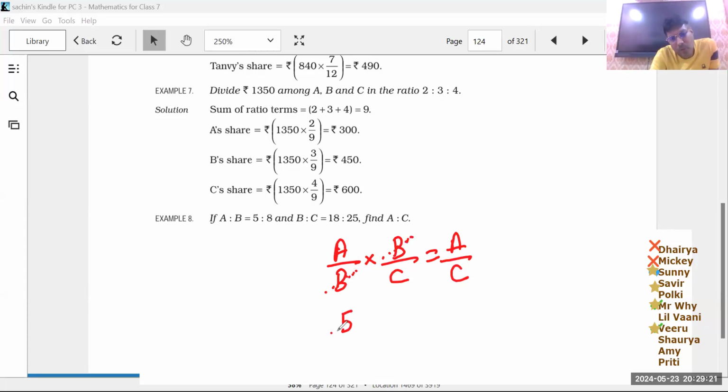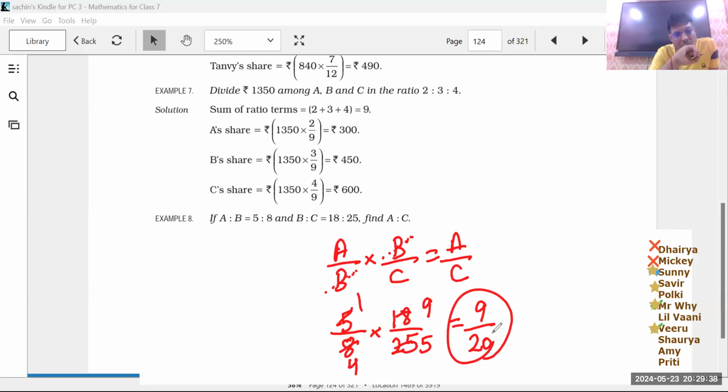So same thing I'm going to do. 5 by 8 into 18 by 25. So 5 ones are 5, 5 fives are 25, 4 and 9. So I will get 9 upon 20. Got it? Yes or no? Yes. Everyone understood, guys? Yes.